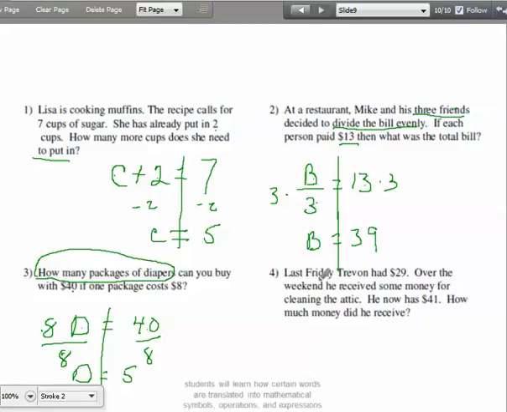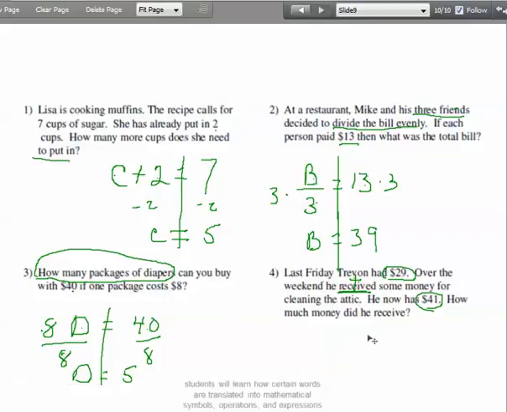Okay, last Friday, Trevon had $29. Over the weekend, he received, what does received mean? That means I'm going to add some money for cleaning the attic. He now has $41. Let's see here. So Trevon had $29.